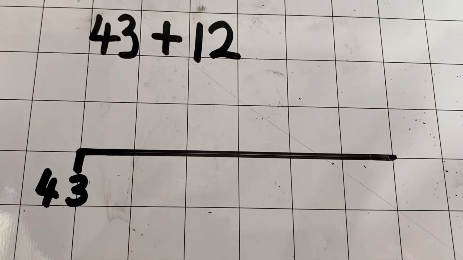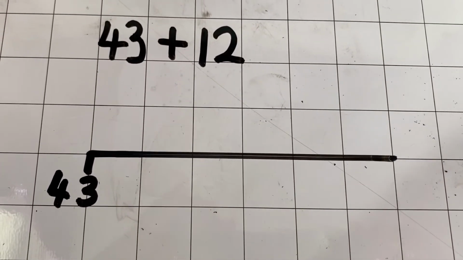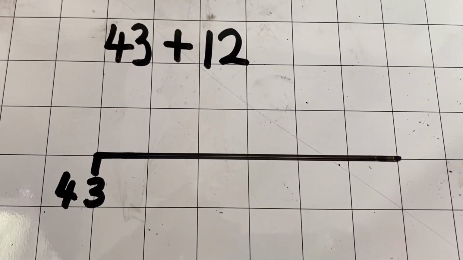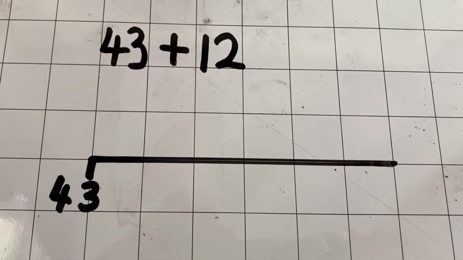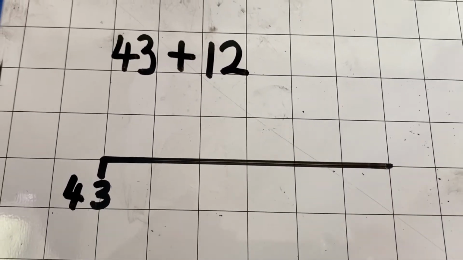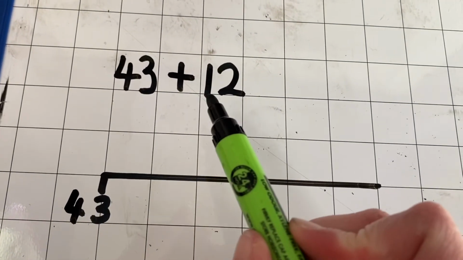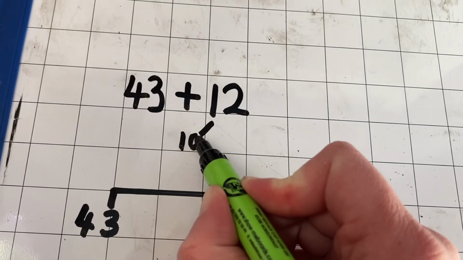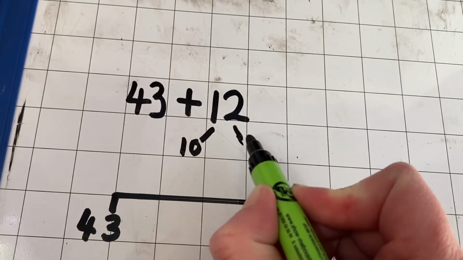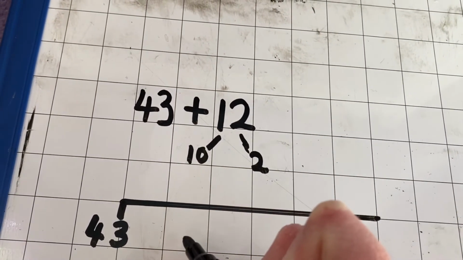Moving on from the concrete part of our learning, in Year 2, children will then move on to using the empty number line method to add on partitioned numbers. For example, 43 add 12. We know that 12 has 1 10 and 2 ones.